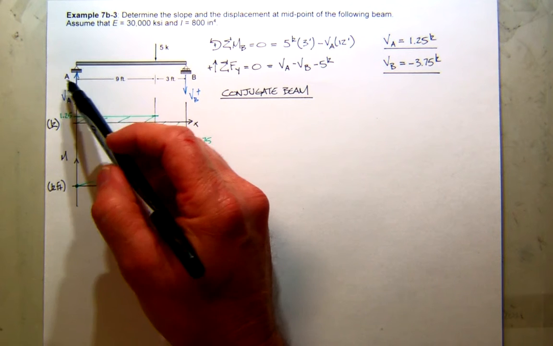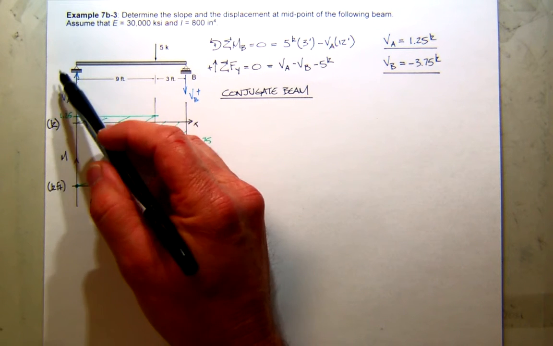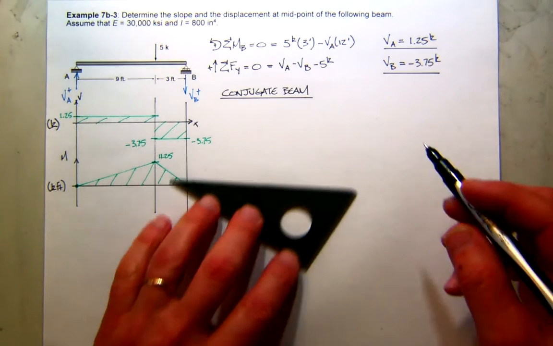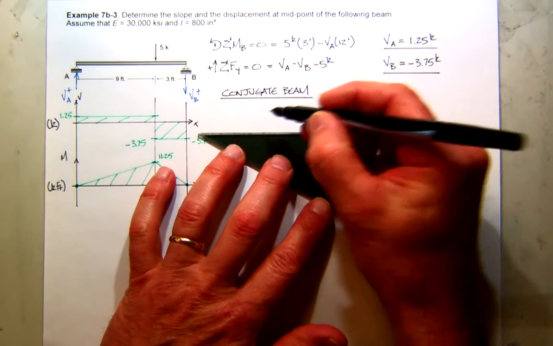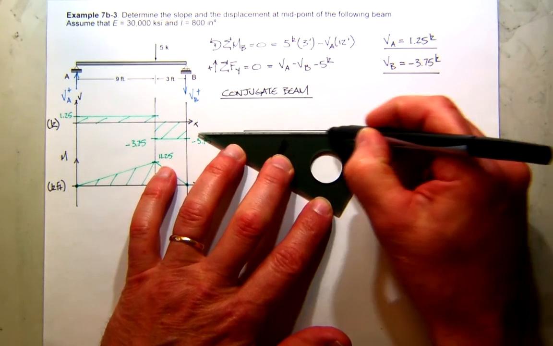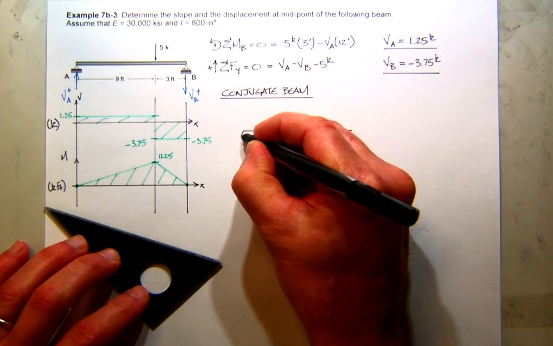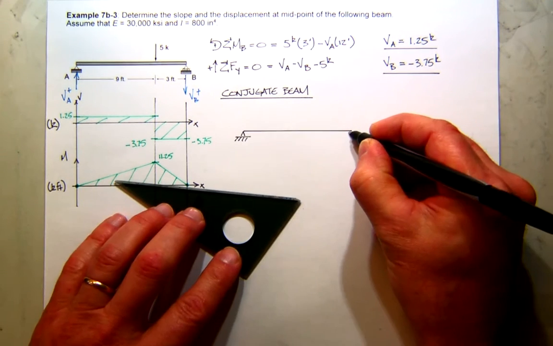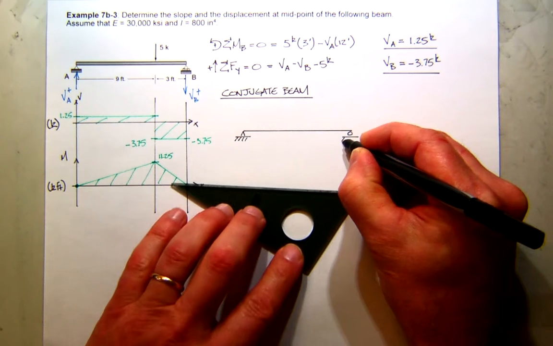So an external pin or roller in real space maps to what in conjugate space? A pin or roller. So this beam actually, from a geometric point of view, doesn't seem to change at all. Pin stays a pin, roller stays a roller.